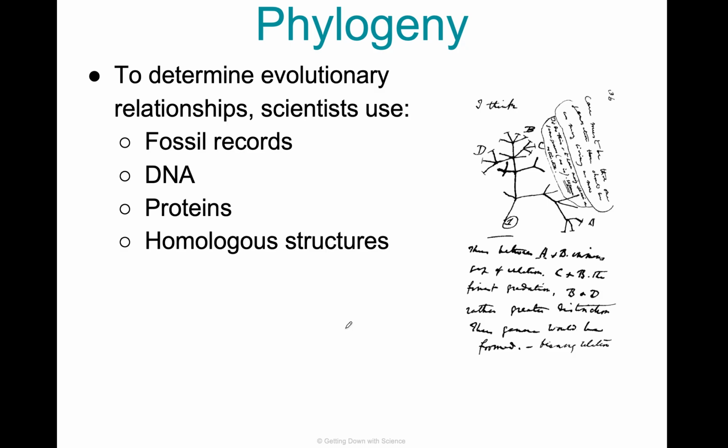DNA, of course, to see what relationships they have genetically. Different protein structures, so we can see a relationship between organisms producing the same type of proteins. And then, of course, homologous structures. That's like, I have a radius and ulna in my arm, and so does a bat. Pause here to take notes.